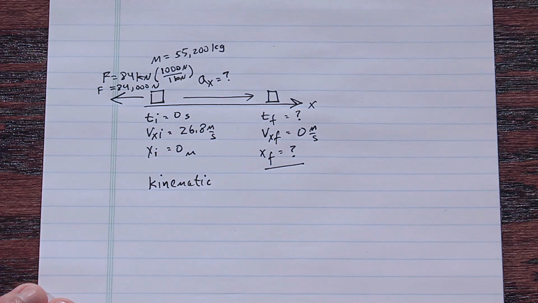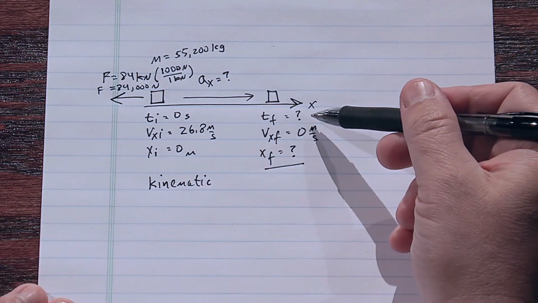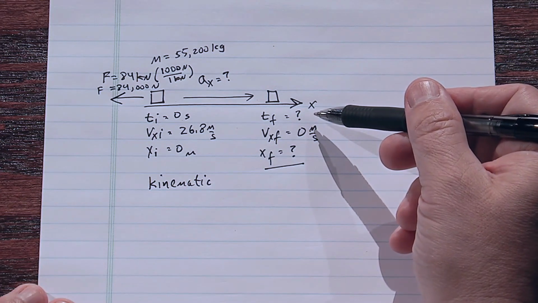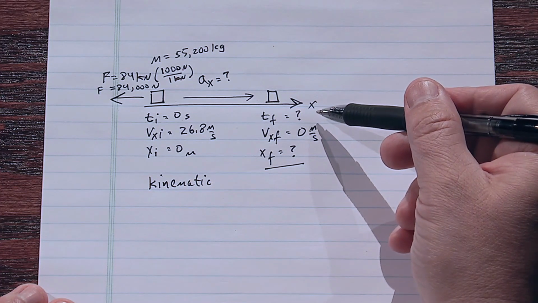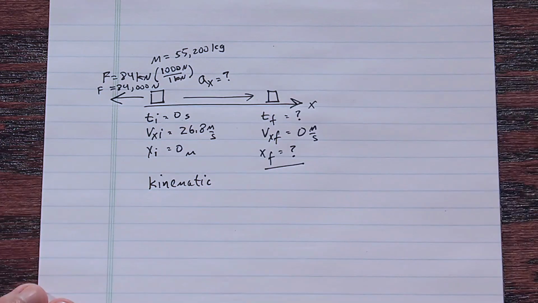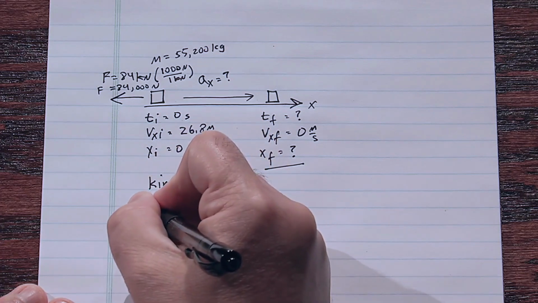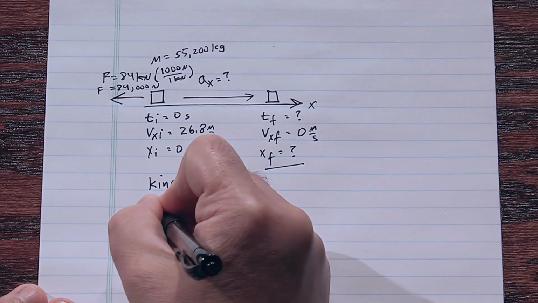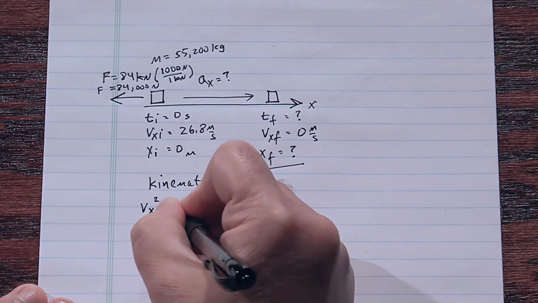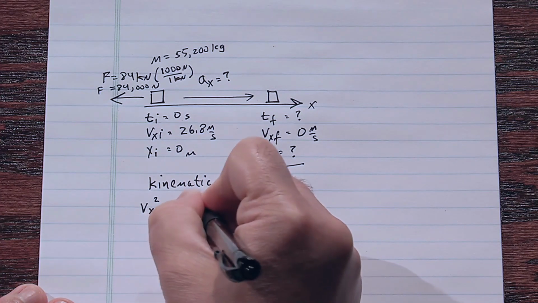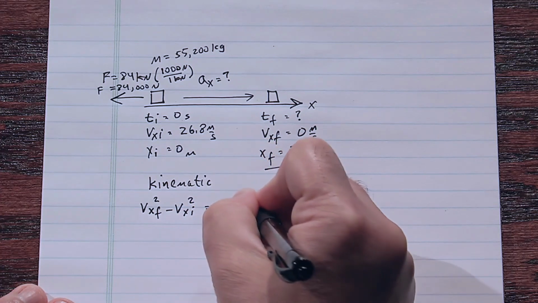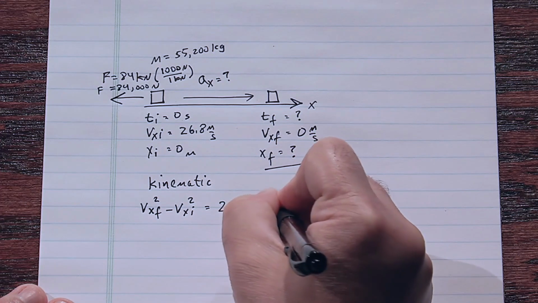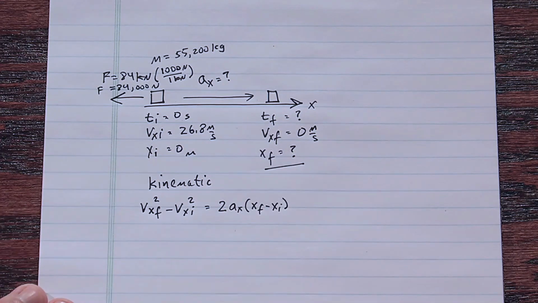Well, we're not asked how much time does it take for the train to come to rest. So we don't know time. We don't need to know time. So let's try our equation that doesn't have time in it. And that would be Vx final squared minus Vx initial squared is equal to 2ax times x final minus x initial.